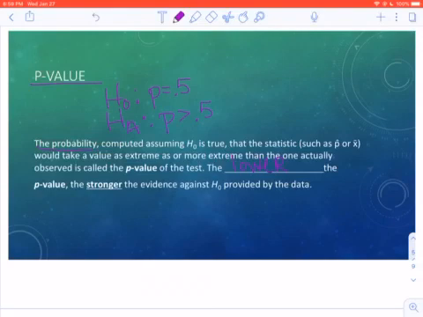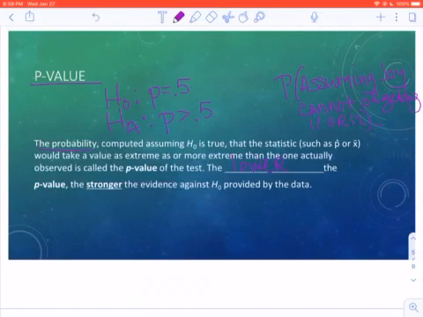When we did our simulation, we got a p-value, which was the probability, assuming she can't smell Parkinson's, of getting 11 or 12 out of 12.